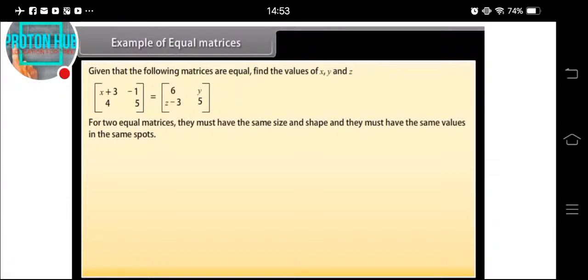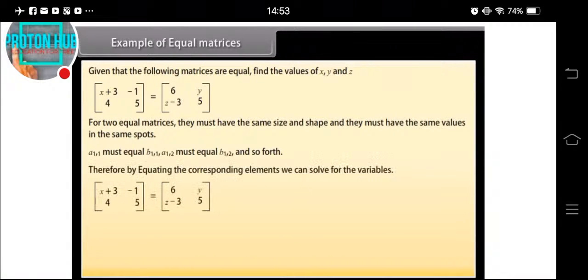Or we can say a11 must be equal to b11, a12 must be equal to b12, and so forth. Therefore, by equating the corresponding elements, we can solve for the variables: x plus 3 is equal to 6, x is equal to 3, y is equal to -1, z minus 3 is equal to 4, z is equal to 7.